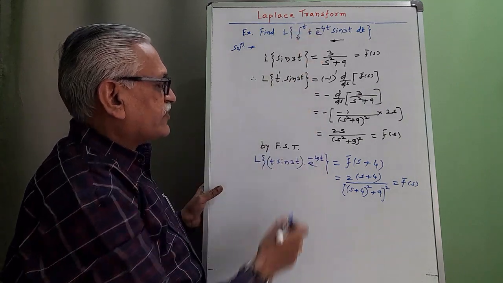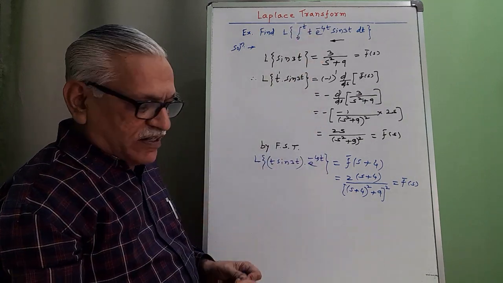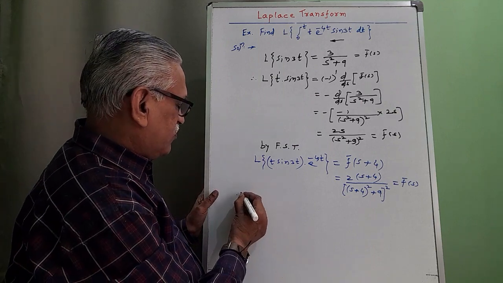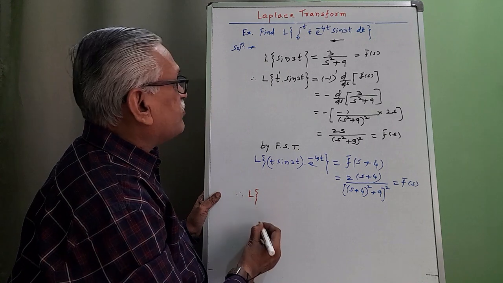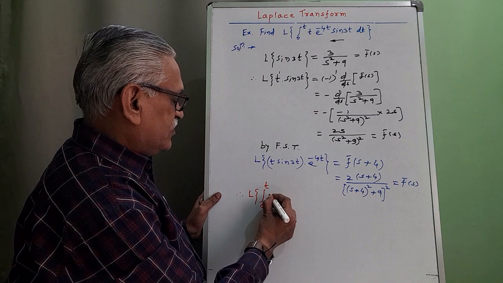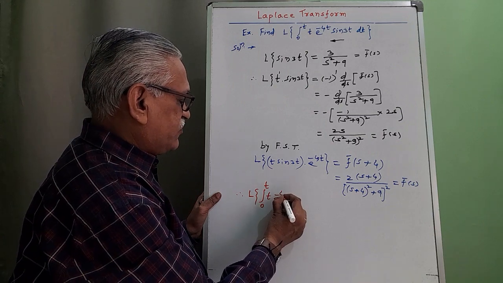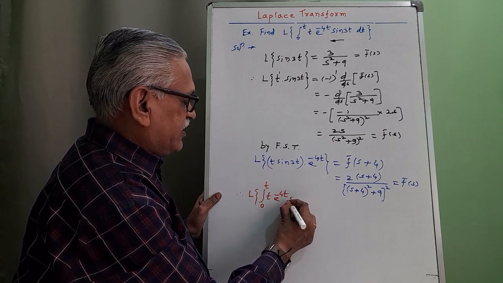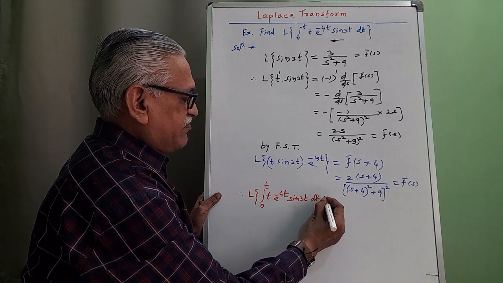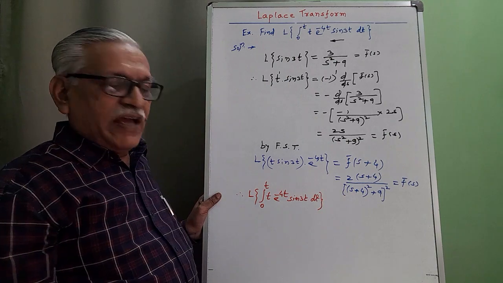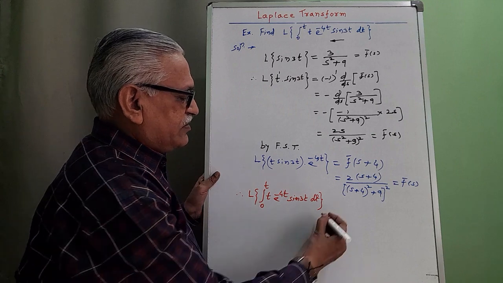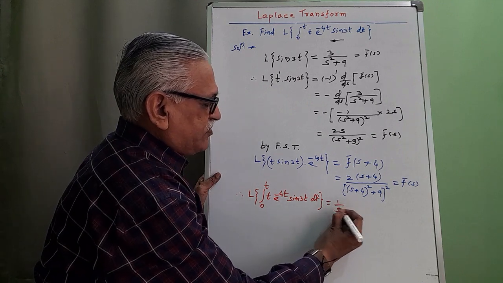And then finally, the Laplace of that integral. Therefore, the Laplace transform of integration from 0 to t of t e raised to minus 4t into sine 3t dt. As per this theorem, Laplace of integration is 1 by s into f bar of s.